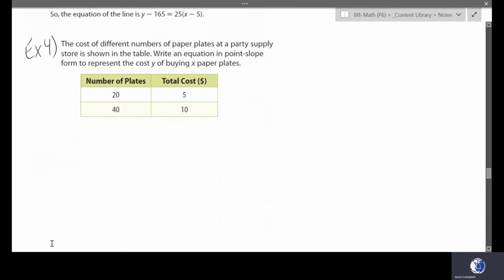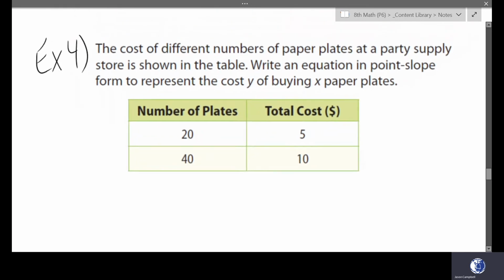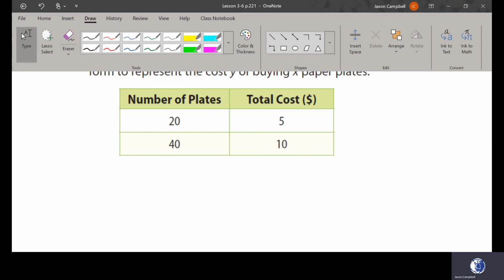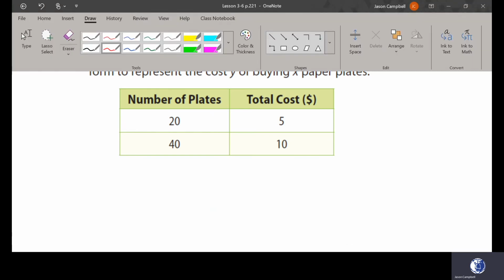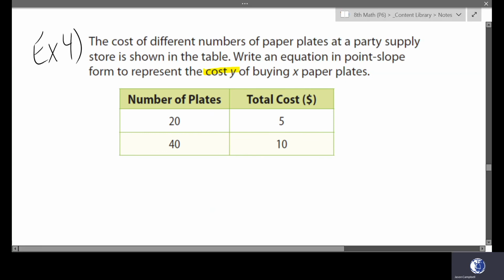Let's do the same thing for the next example. It says the cost of different numbers of paper plates at a party supply store is shown in the table. Write an equation in point-slope form to represent the cost y of buying x paper plates. So cost is y, and x is paper plates.